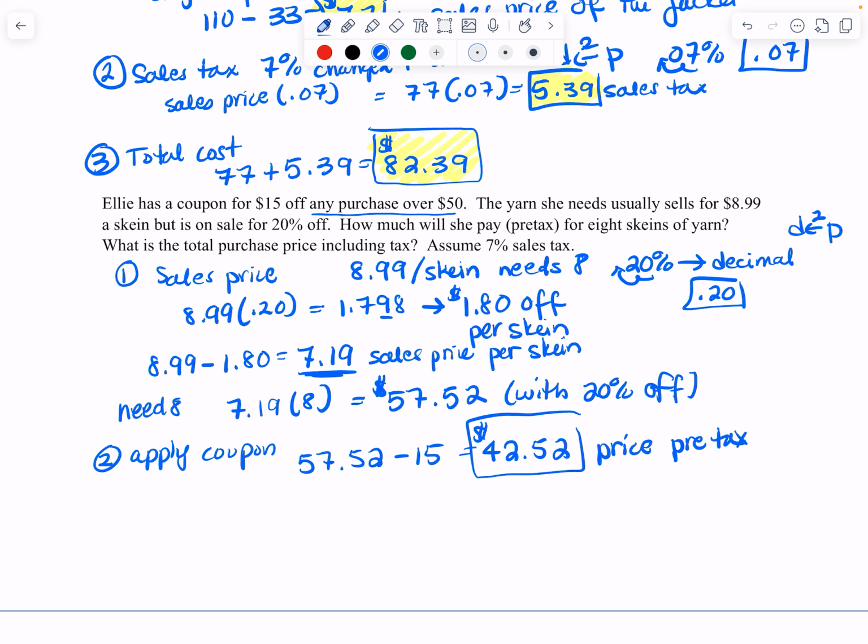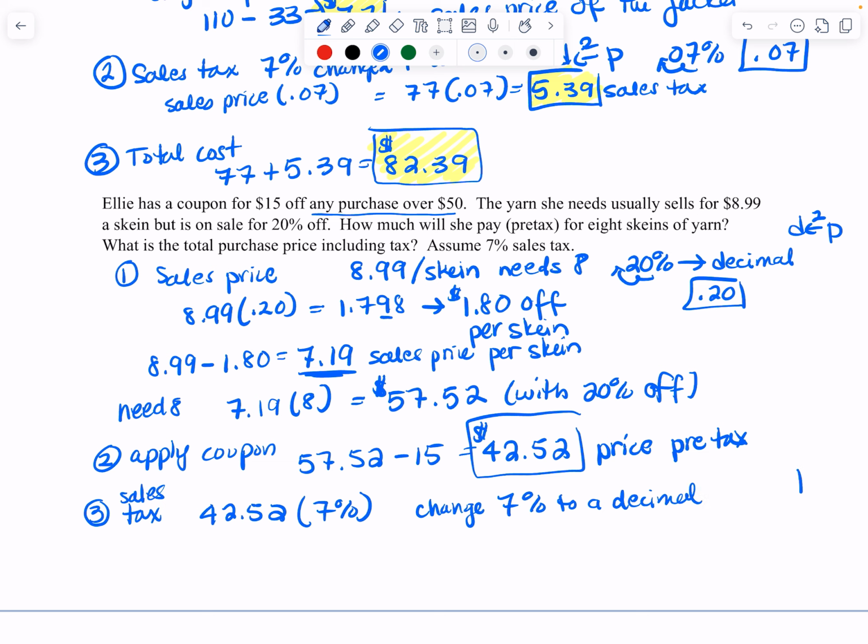All right. So now it says what's the total price including the tax. So now we have to find the tax. So we're going to find the sales tax. I'm going to take the 42.52 and multiply that by the 7% sales tax. Remember, I have to change the 7% to a decimal first. So again, percent going to decimal, 2 places to the left.